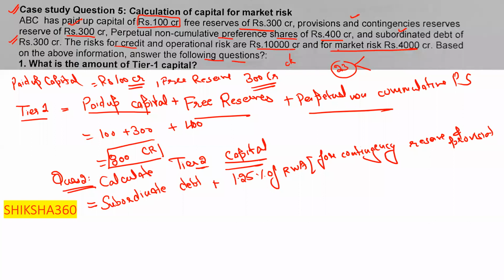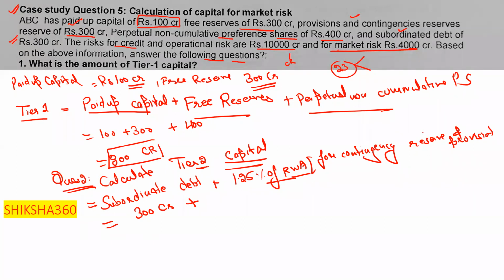Now we have to calculate. The subordinated debt here is 300 crore, plus 1.25% of risk weighted assets for contingency reserves and provisions.